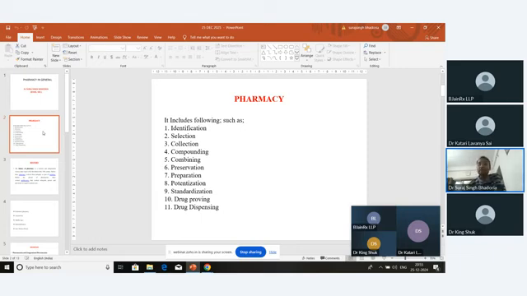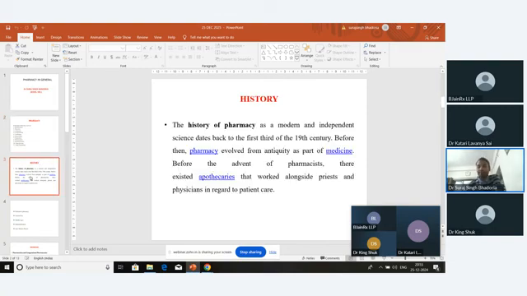Clear? Now in the next part we will discuss the history behind this pharmacy in general. When we talk about the history of pharmacy, it is a modern and independent science. It started in the first third of the 19th century.